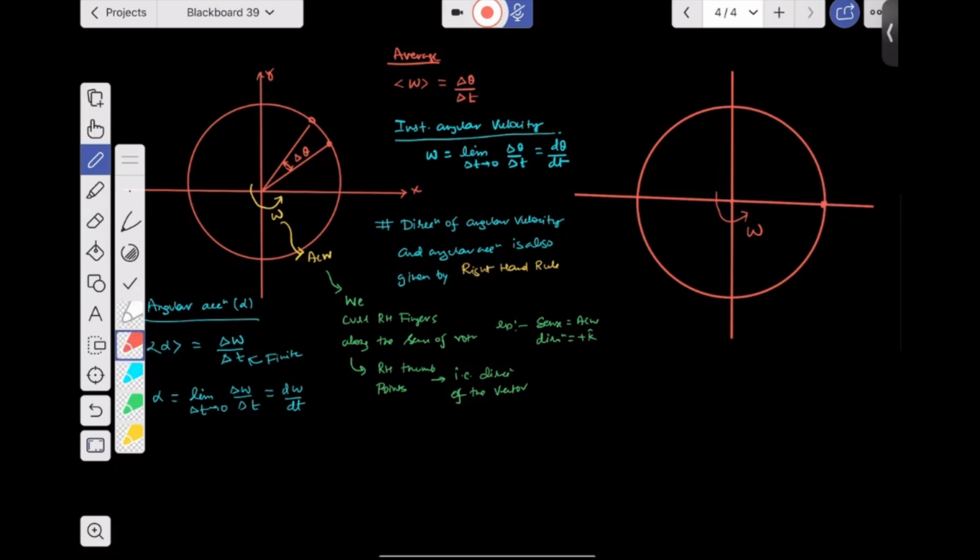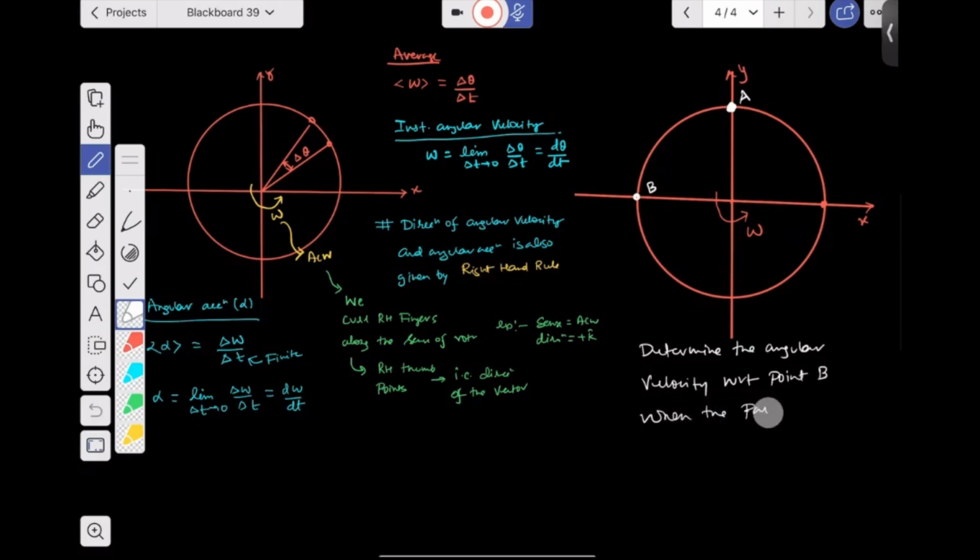Suppose at any point of time the particle is present at point A, and I'm asking you to determine the angular velocity with respect to the point B when the particle is at A.